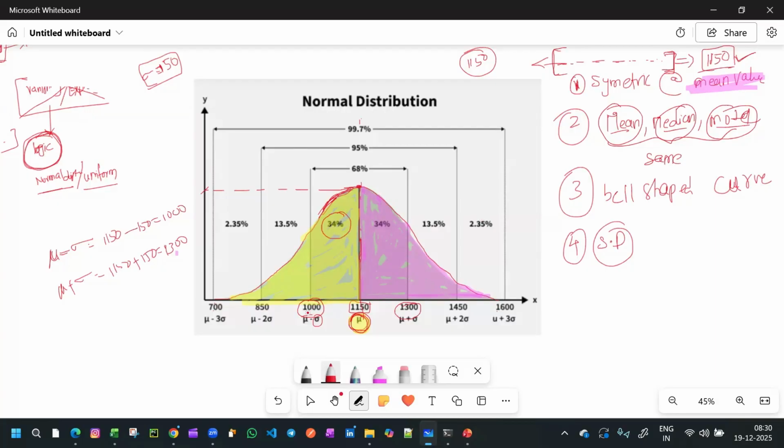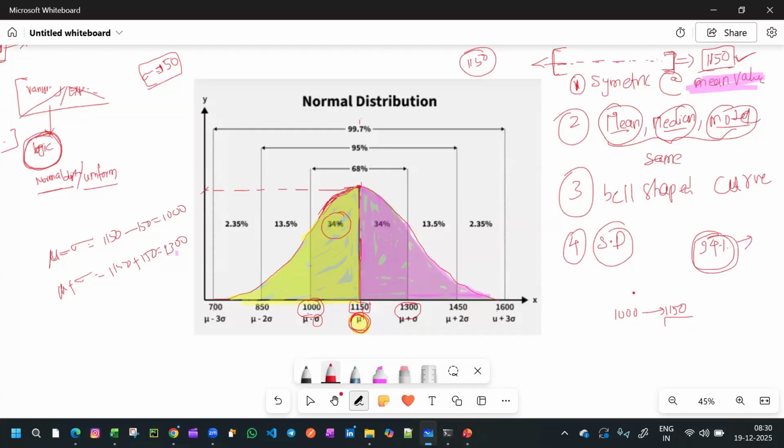The values can be anything between like 1001, 1020, etc. I don't care about what the value is, but any values ranging from 1000 to 1150 make up 34% of the total data set.